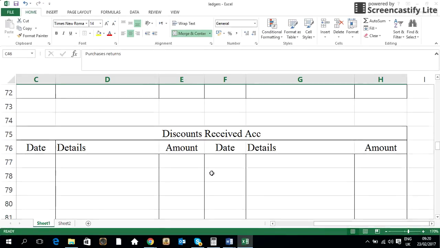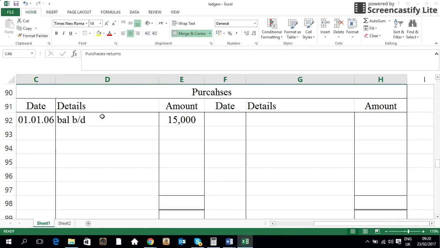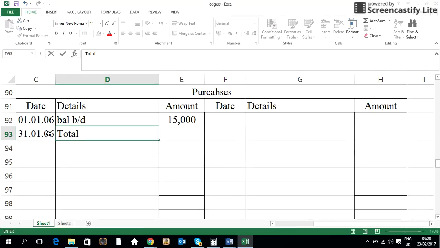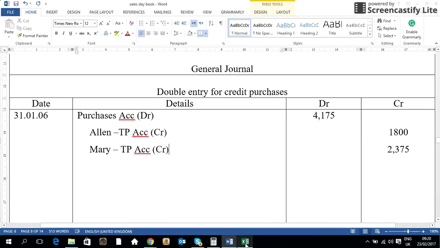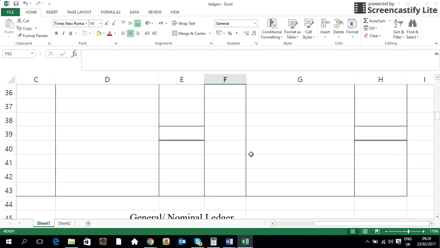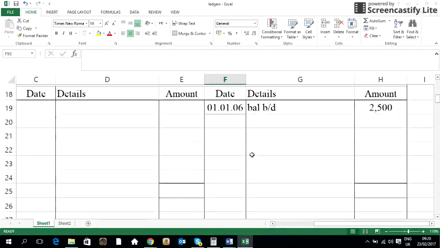So let's move into the purchases account, and on the debit side, the month end date, and in the detail column you would write total trade payables, and the value of the credit purchases, 4,175.